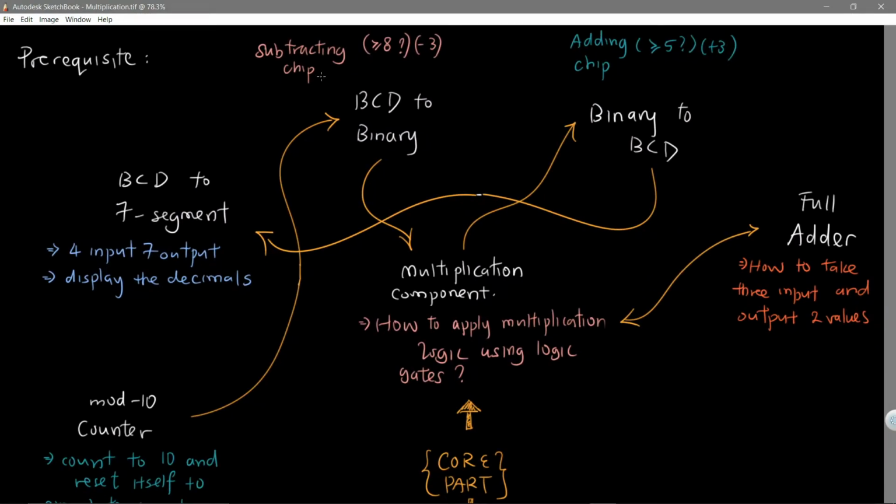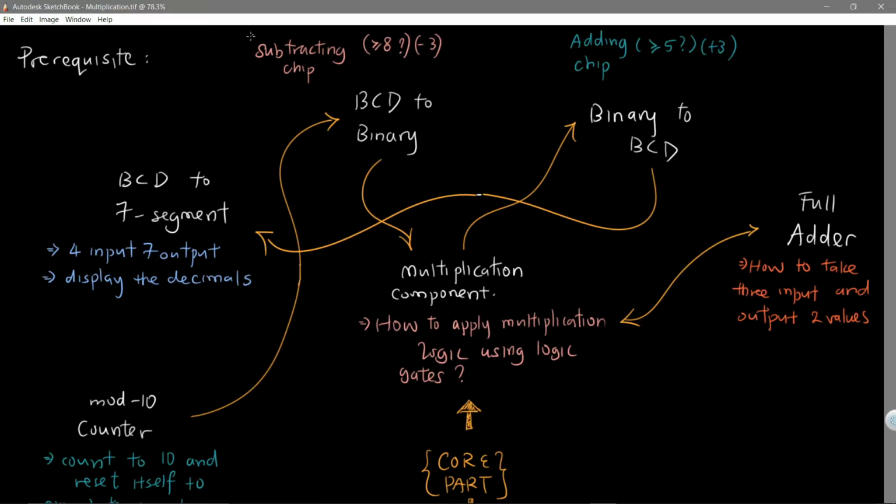And then you will have to have a BCD, binary coded decimal, to binary value converter. So inside this module, it depends mainly on this chip here. It's not officially called a subtracting chip. I just call that in my circuit.